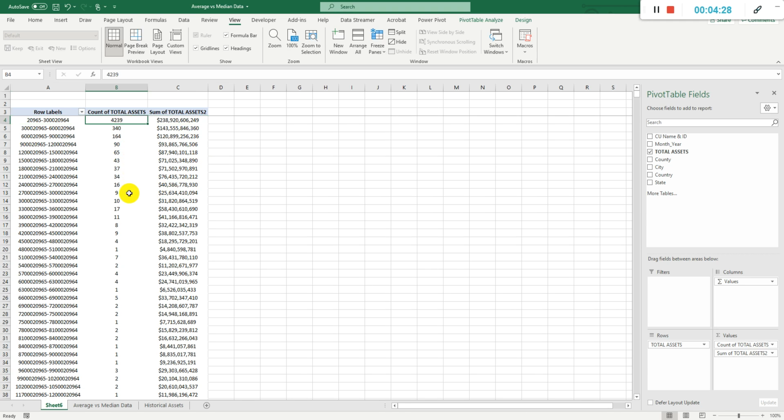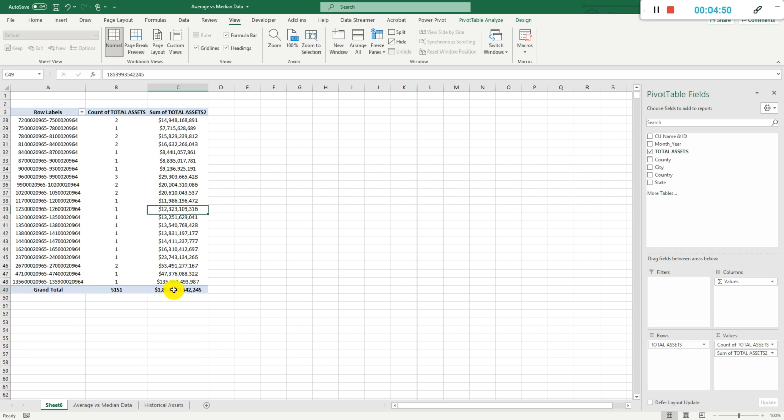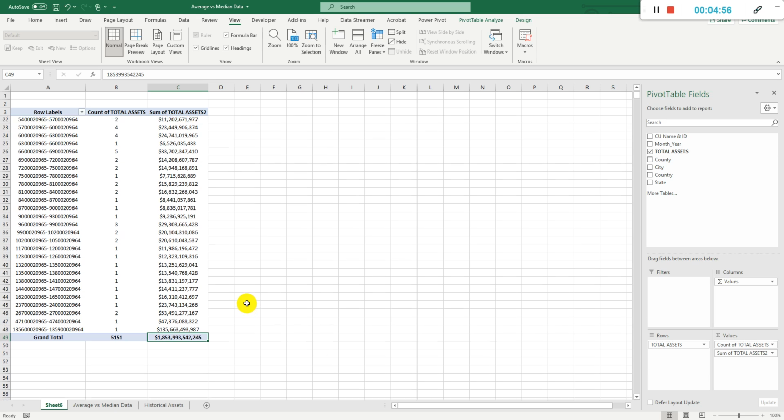But look how many credit unions we have in this bucket, more than 4,000. More than 4,000, and there is only 238 billions in assets, but the total is about 1.9 trillions in assets.